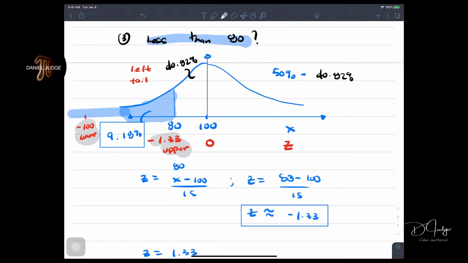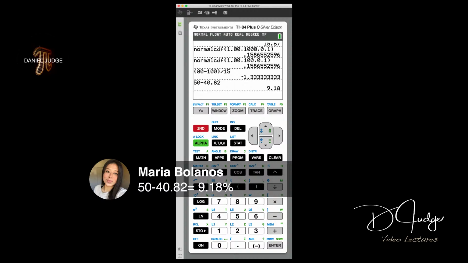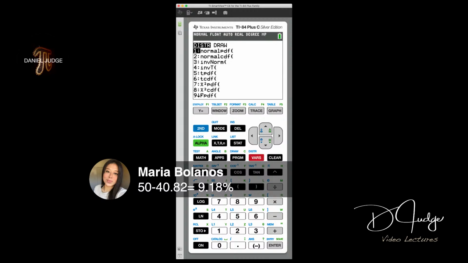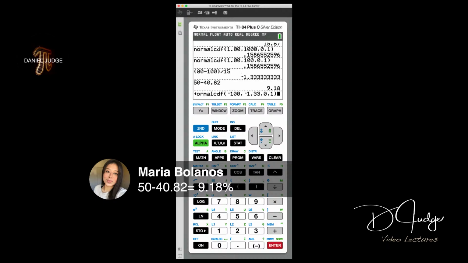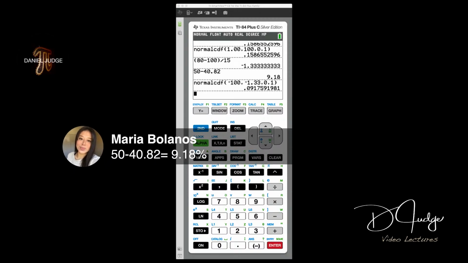So in the TI, when I hit variable distribution, normal CDF, cumulative density function, by the way, I use negative 100 down to, what was that? A negative 1.33. These are Z values. Make sure mu is 0, sigma is 1. Paste that in. And ladies and gentlemen, we get approximately the same answer, right?